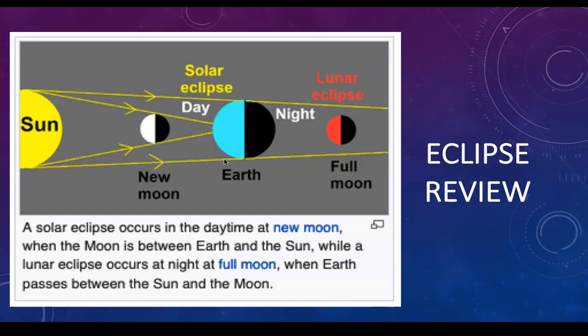Okay. Eclipse review. Solar eclipse: Sun, Moon, Earth. Lunar eclipse: Sun, Earth, Moon. Got it? Solar: Sun, Moon, Earth. Lunar: Sun, Earth, Moon.